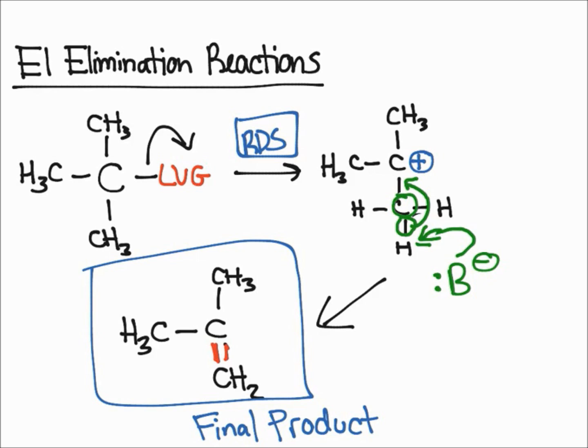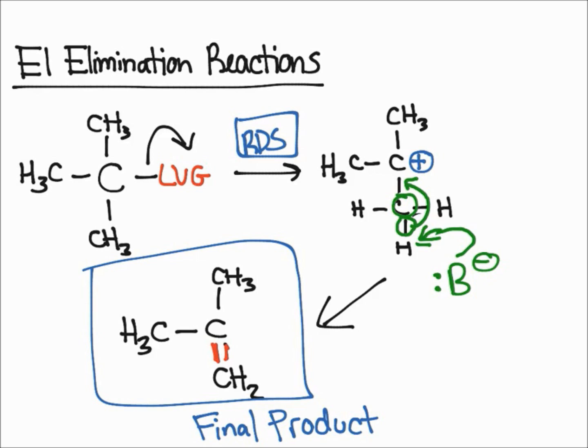But this video was pretty much just to introduce the elimination reactions. What I hope you got out of this video is that elimination reactions are a little bit different from substitution reactions in that the carbon forms a pi bond or a double bond, so to speak.